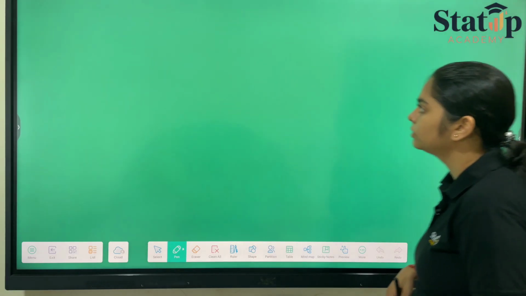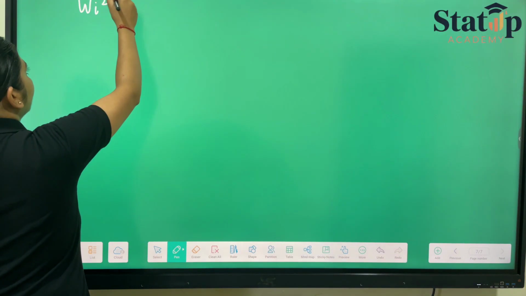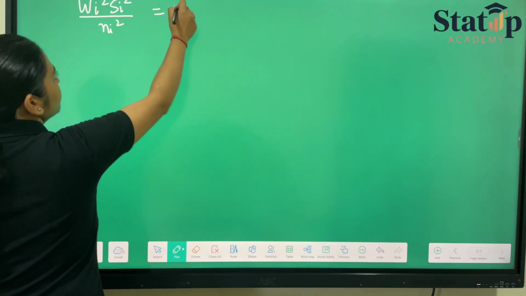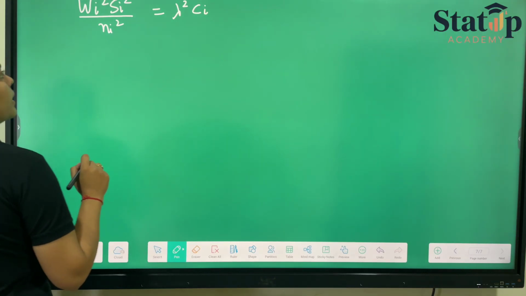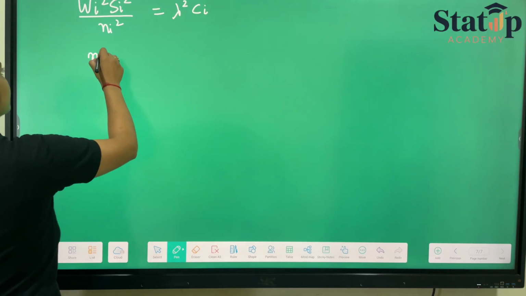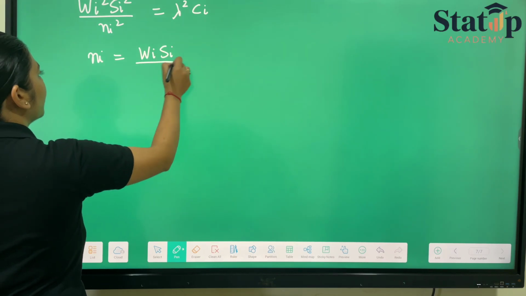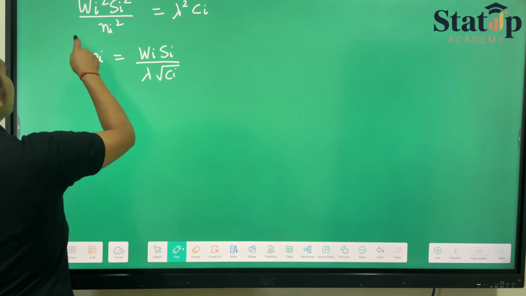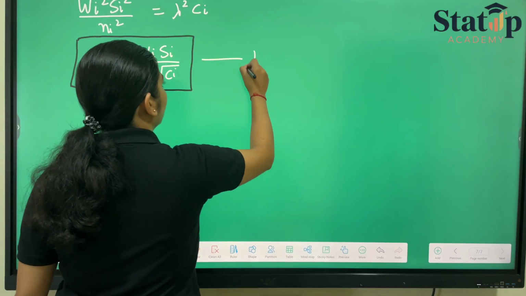So we will get wi square Si square upon ni square is equal to lambda square Ci. Now what is the value of ni here? ni is wi Si upon lambda under root Ci. This is the value of ni. Let us take this as equation number 1.